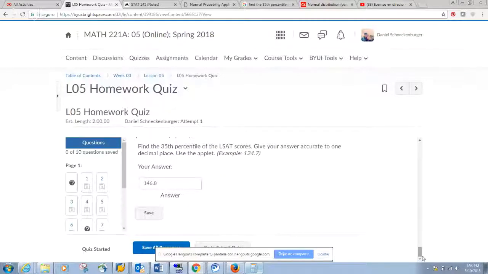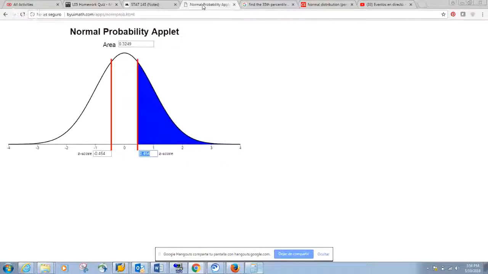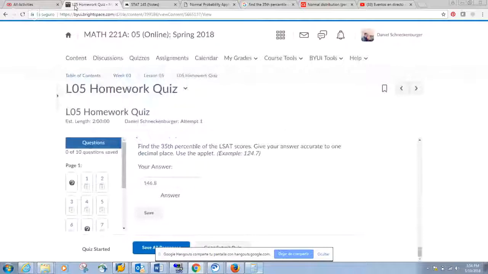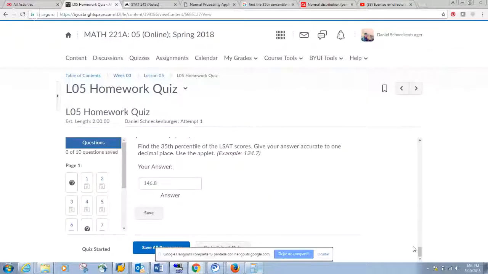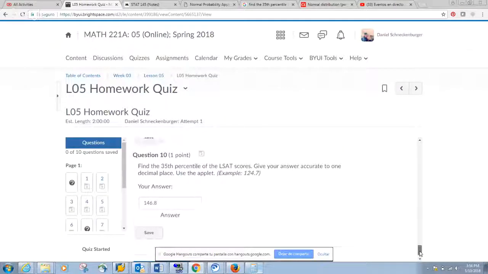So what did you get on the area thing? You got the 146.8? I don't know. How did I come up with that number? Well, we need to use the applet, and I'm pretty sure I got this one, but I'm not sure. So basically we're trying to find what is meant by percentile.